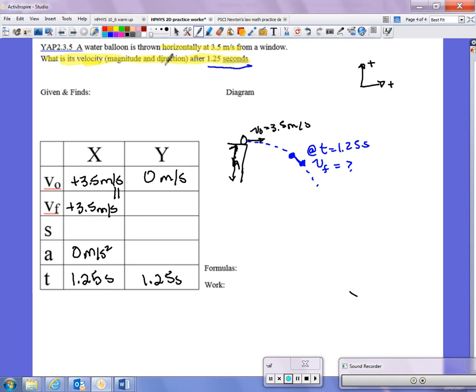Now, it asks for me to find the final velocity. Some of you may want to extend your table and put another column here that says net, and where you can put these vectors in. Notice I'm not moving it all the way down to time, because time is not a net thing, it is a value.